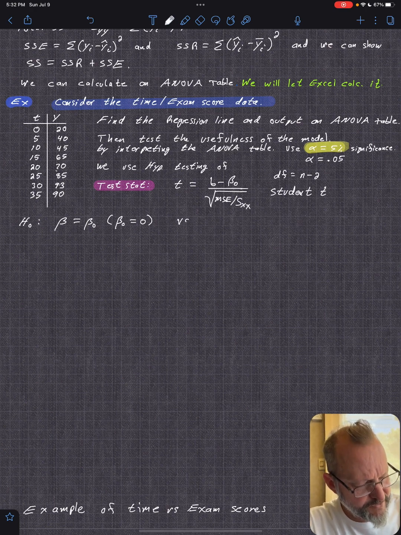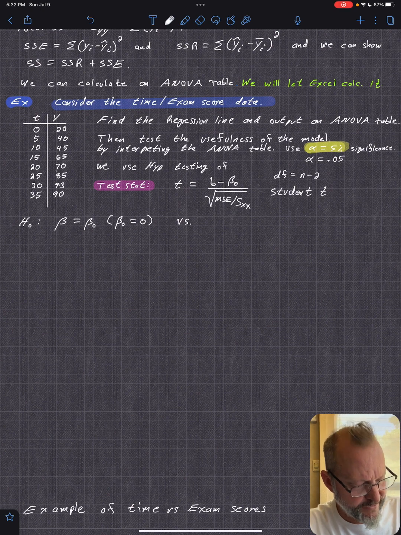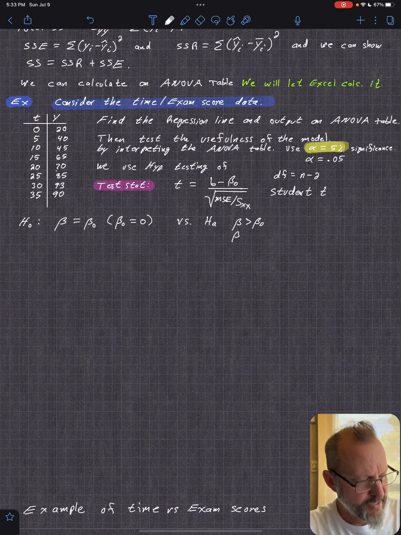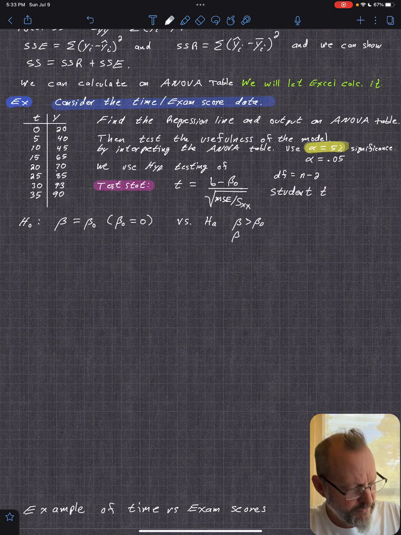Versus the other cases for HA: beta is greater than beta naught, or less than, so either a positive slope or a negative slope.